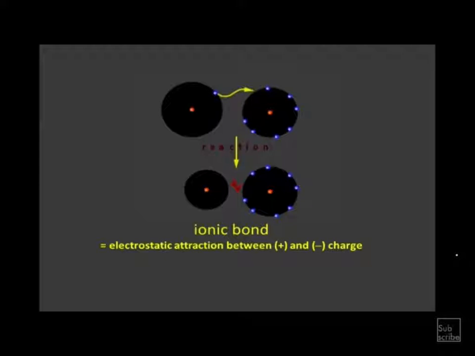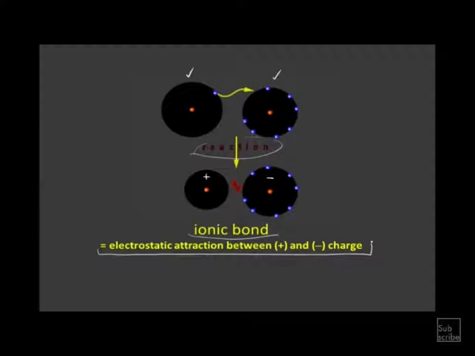So here we have a metal reacting with a nonmetal. The transfer of the electron, the reaction, results in a positive ion and a negative ion. So the ionic bond is simply the electrostatic attraction between the positive and negative charge that the ions have.